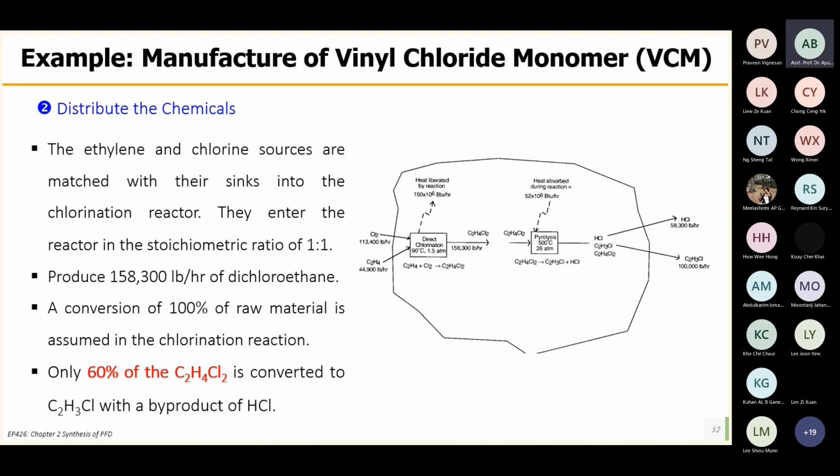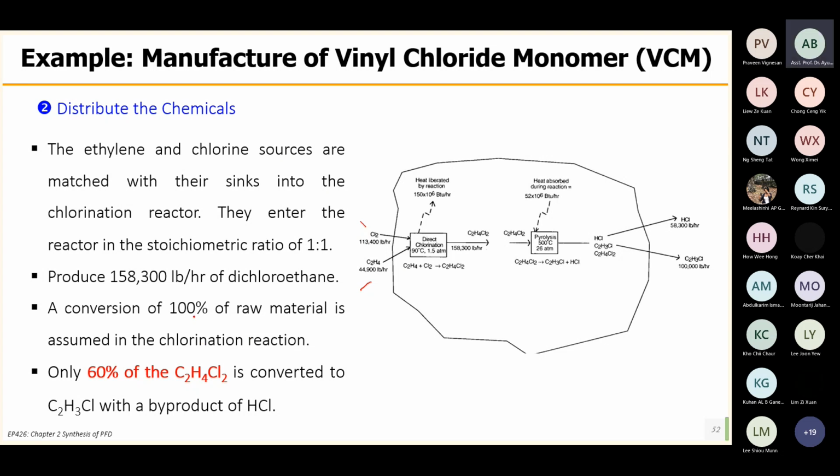Next step is to distribute the chemicals. So how can you distribute the chemicals? Again, identify your input and output. Is there any additional chemicals or catalysts required?